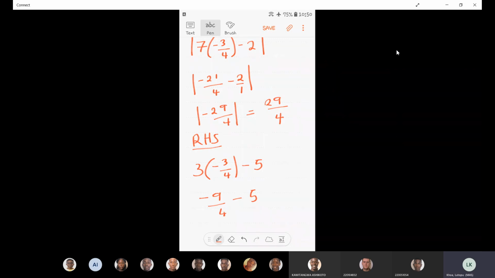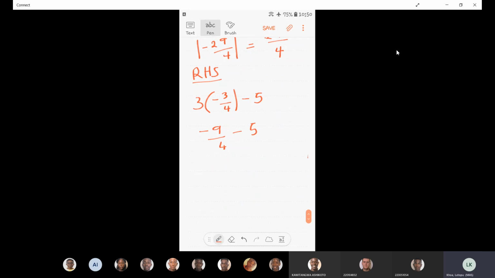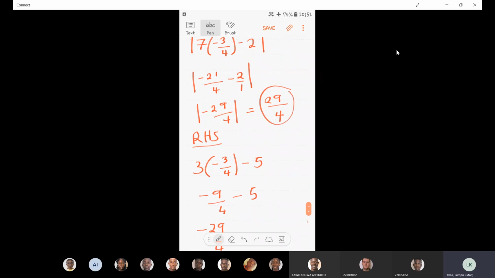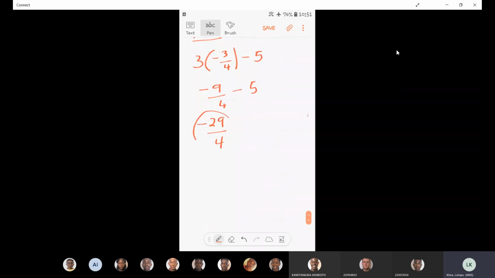Okay, so even without actually working out what 9 over 4 minus 5 is, I can already tell they will not be equal, because on the right hand side I'll end up with a negative number, and on the left hand side what I have is positive. So it is negative 29 over 4, but on the left hand side I had positive 29 over 4. Okay, so then I conclude left hand side is not equal to the right hand side. Therefore x, which is equal to minus 3 over 4, is not a solution.